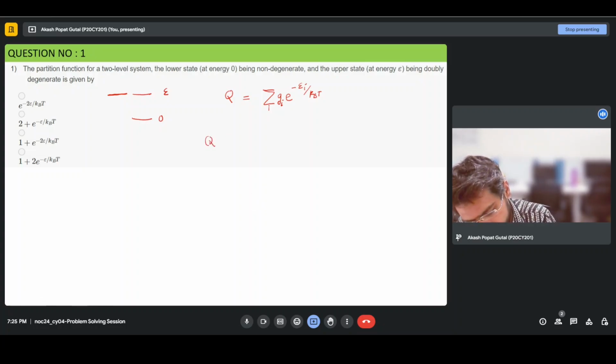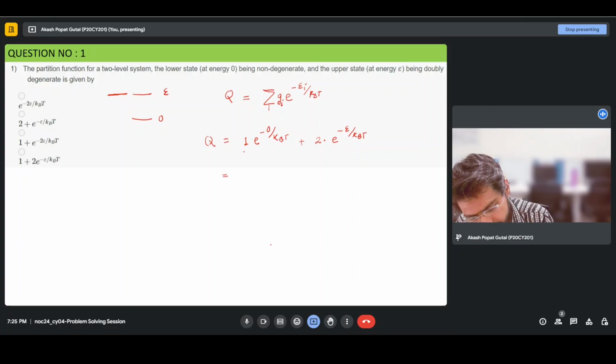What we will get is Q is equal to, the degeneracy of the lower state is 1, so e raised to minus 0 divided by kBT, plus the degeneracy of the upper state is 2, times e raised to minus its energy epsilon by kBT.